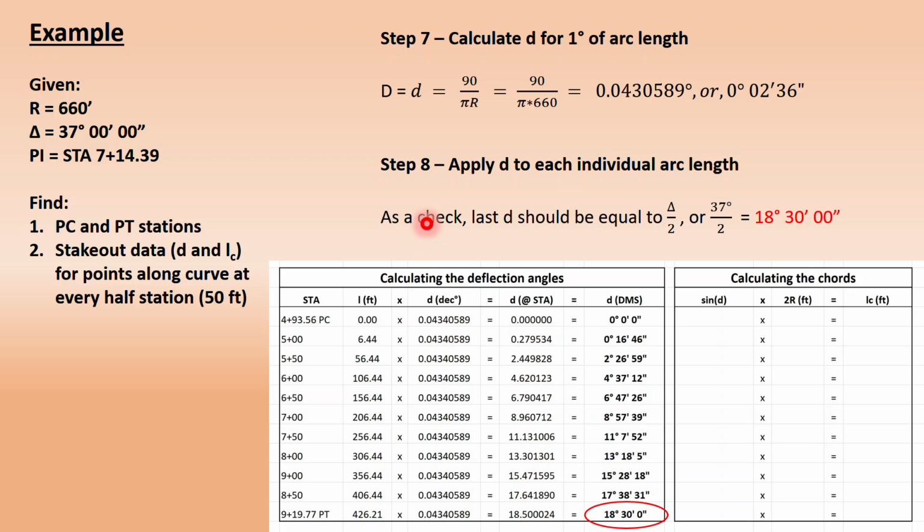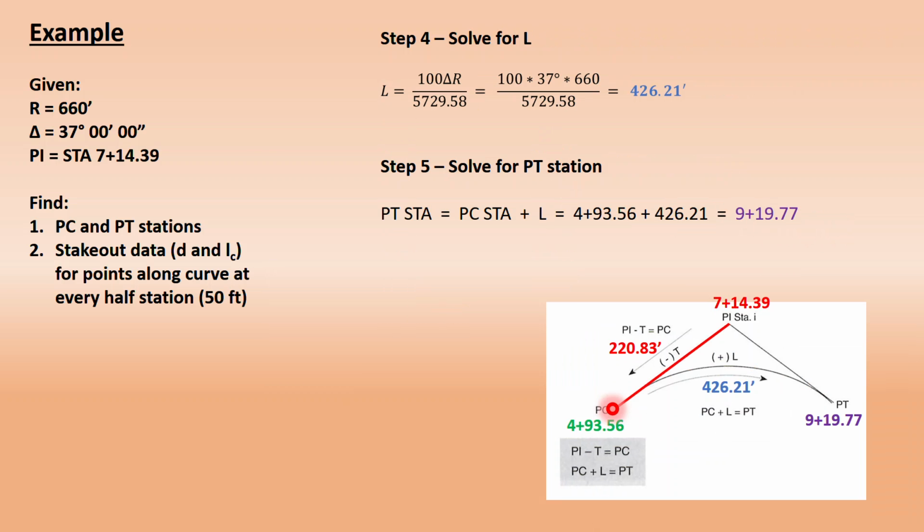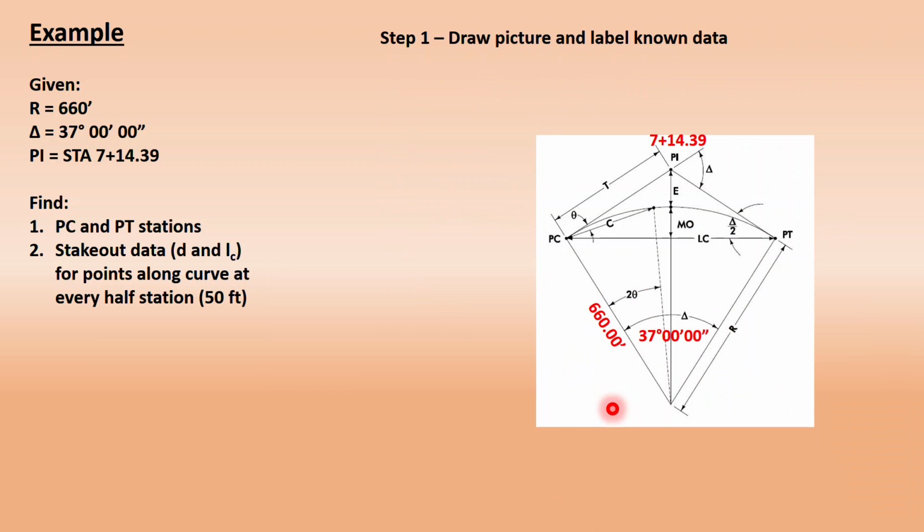As a check, your last deflection angle should be equal to delta over 2, or 37 degrees over 2, which would be 18 degrees 30 minutes. And it was. And that geometry, let me just go back to our curve. If you remember from last week, we were looking at these relationships of all the elements of a curve here.